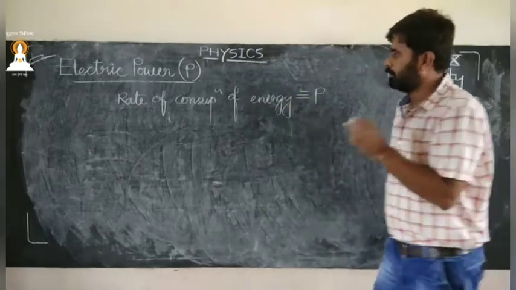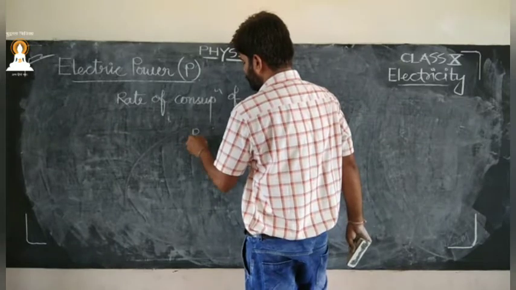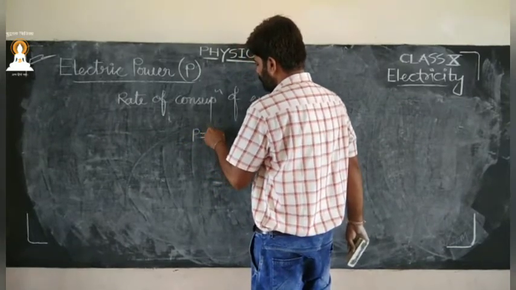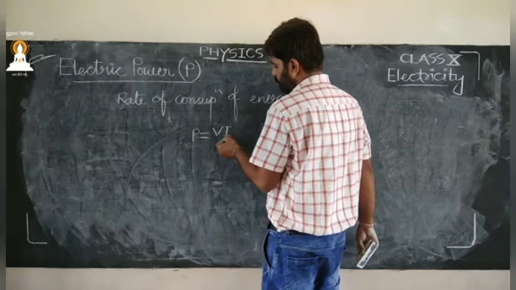Rate of consumption of energy is nothing but power. Then we write P is equal to V into I. And how is it derived?